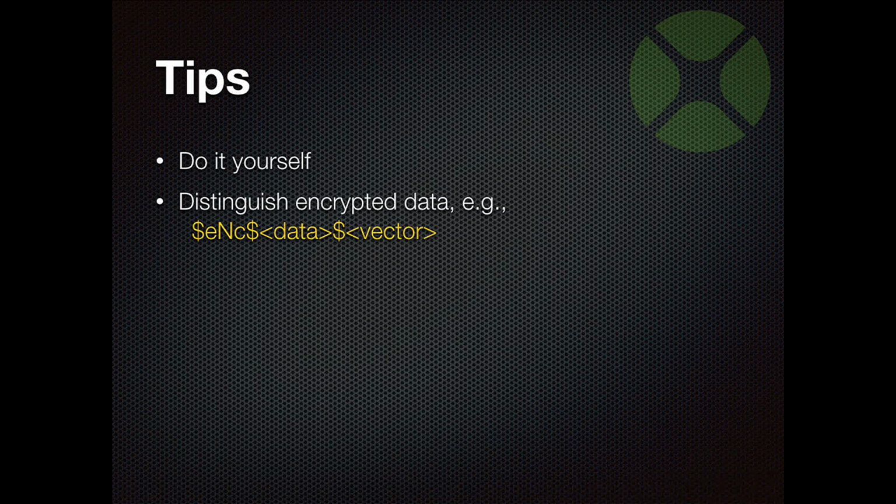In that way, you could actually embed encrypted data within plain text, and you could still pick out that encrypted data and decrypt it. The format that we like is, you see this prefix, $ENC$, that's not going to appear in the wild anywhere, followed by the actual data, followed by the initial vector that's used to encrypt this data.